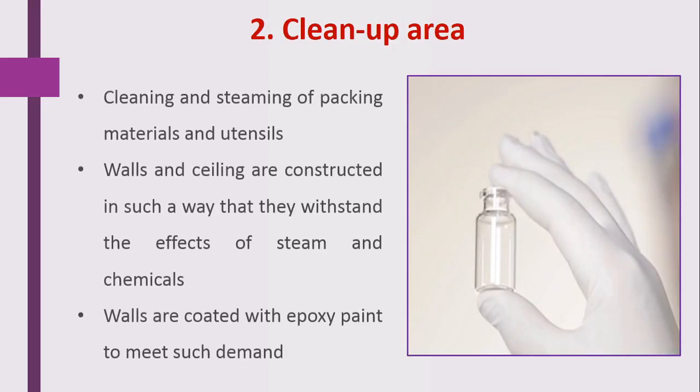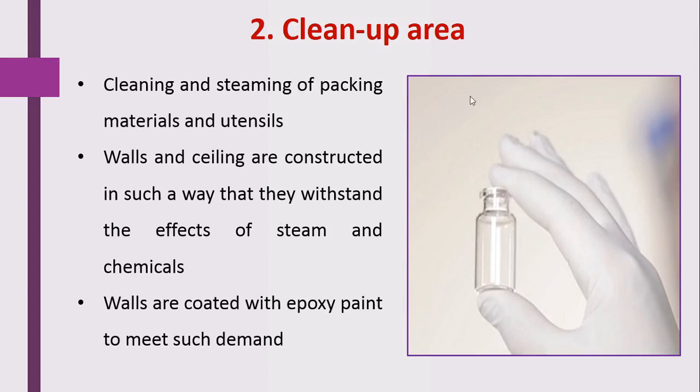Let's move to the second area, that is the cleanup area. Here cleaning and steaming of packing material and the utensils is done. Here cleaning of the containers is done. The wall and ceiling are constructed in such a way that they withstand the effect of steam and chemicals.